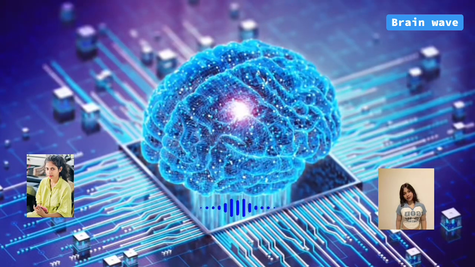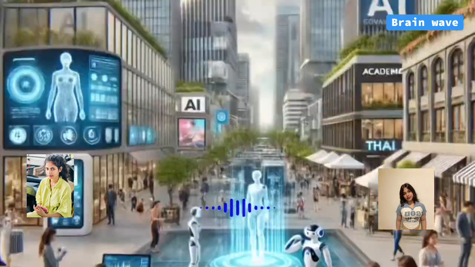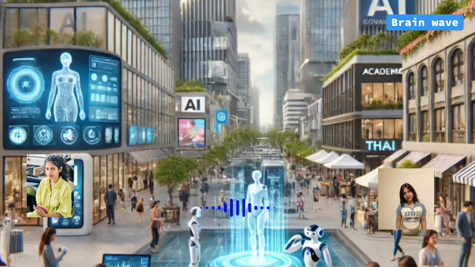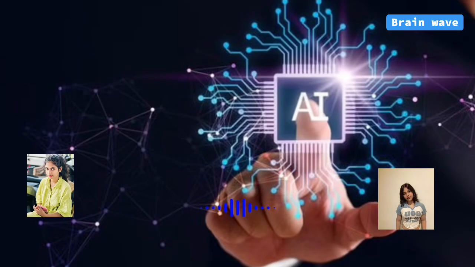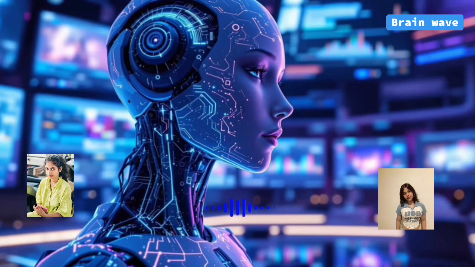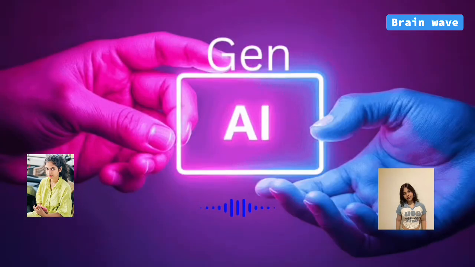Humans must guide it. Many people worry, will AI take away jobs? It won't replace humans entirely, it replaces tasks, not people, right? Plus, it creates new careers: AI trainers, prompt engineers, ethics officers, robot operators, content reviewers.